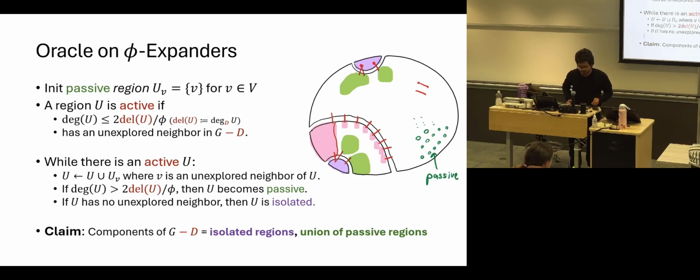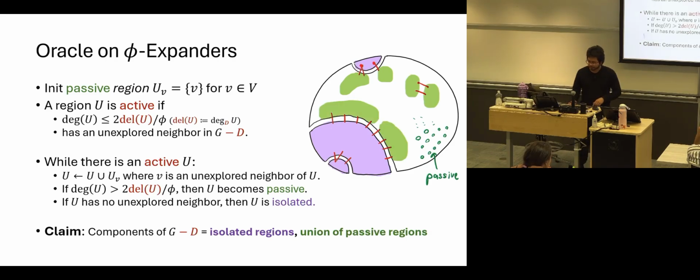So this becomes active. You keep exploring from the active one, and now it becomes isolated. And continue. So now you get the purple thing isolated, and a bunch of passive ones here. And the claim is that every passive thing is actually in the same component.